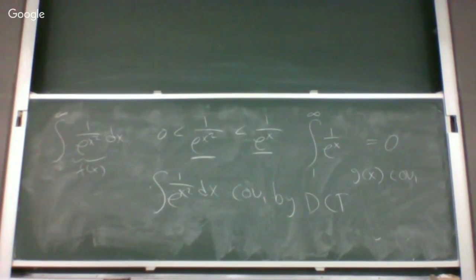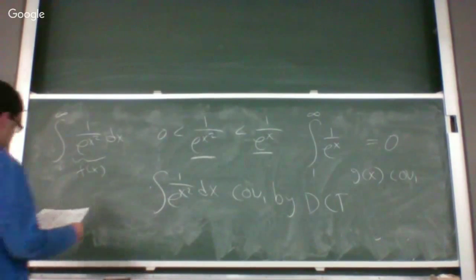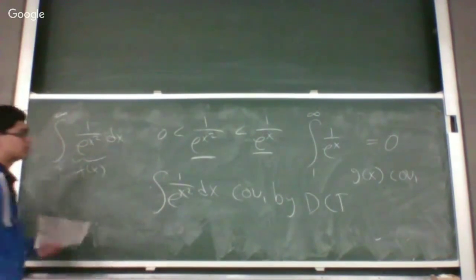You don't need to worry about whether it's bigger or smaller. So if you chose the right g of x and you know that the two functions grow at the same rate, then you can be more sure. So on that note, let's do an example of a limit comparison test.